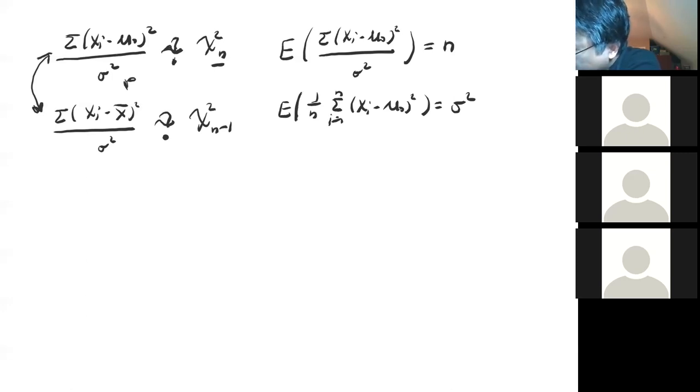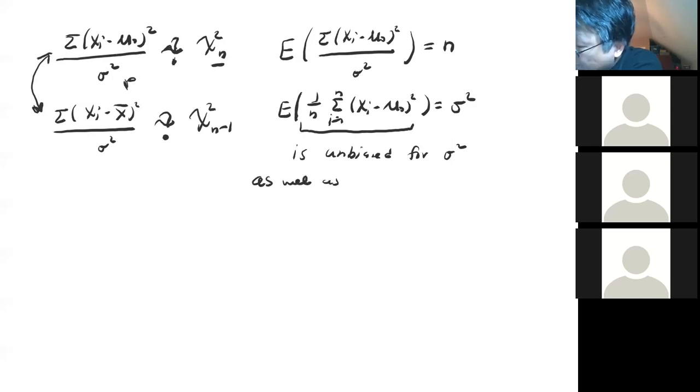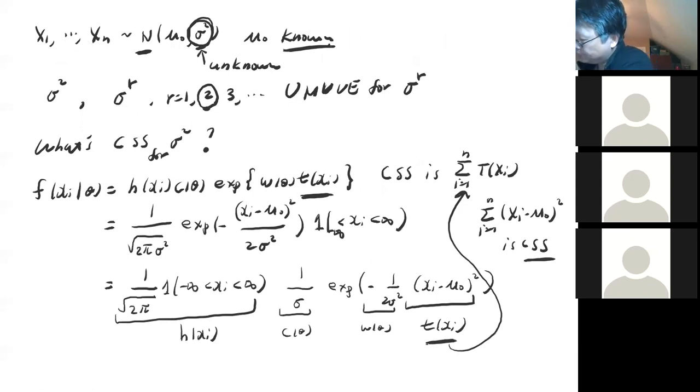Okay, that means this expression right here is unbiased for sigma squared, as well as a function of a complete sufficient statistic, because based on previous slides, we said the summation of (xi minus mu 0) squared is a complete sufficient statistic.